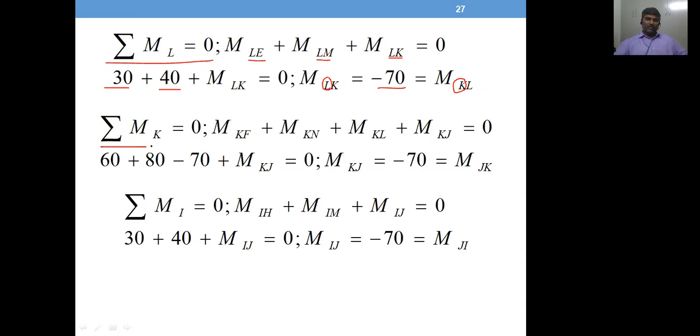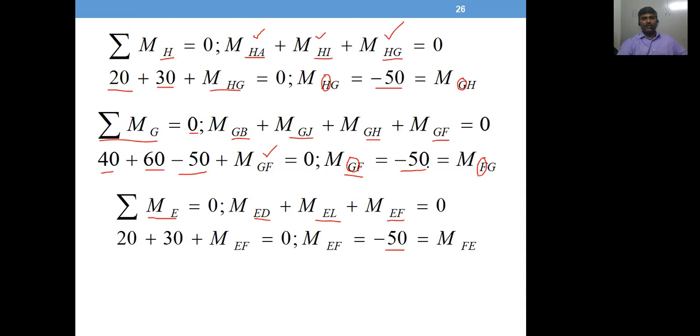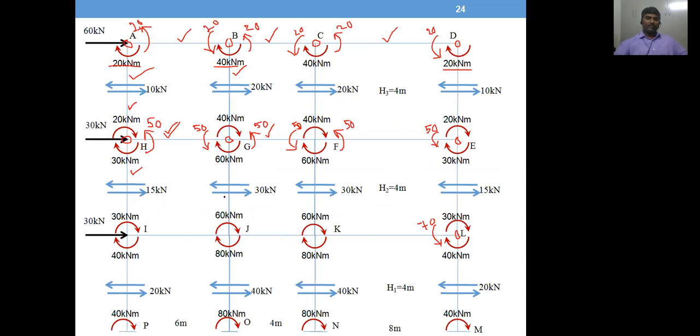Even if you take the other joints, you can prove that the total beam will have 70 value. Or otherwise by just the balancing concept, you can put the value. So 70 here. So 80 plus 60, 140, minus 70 will have minus 70.